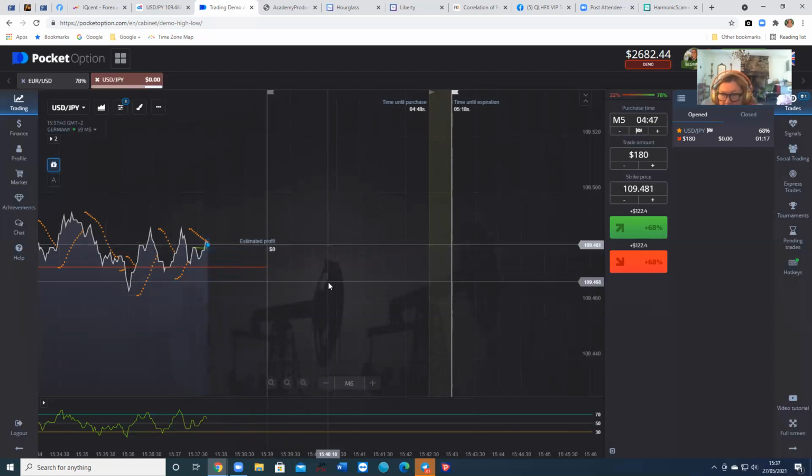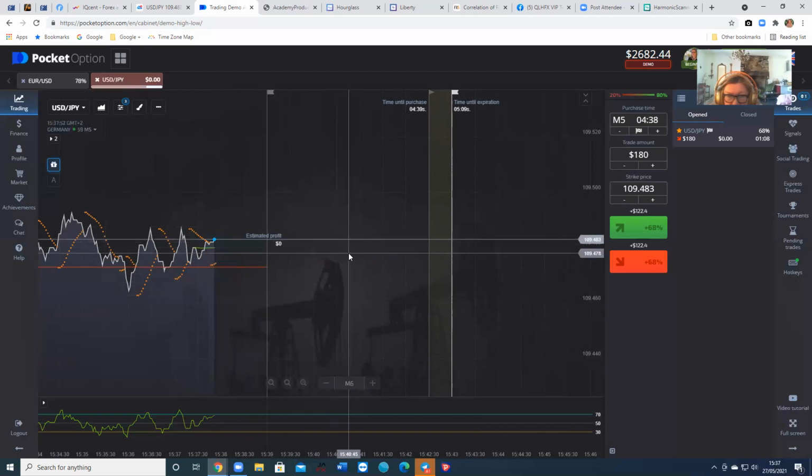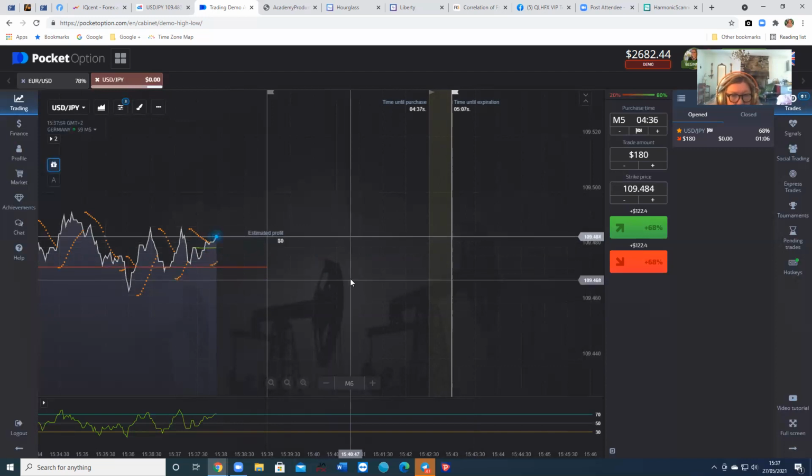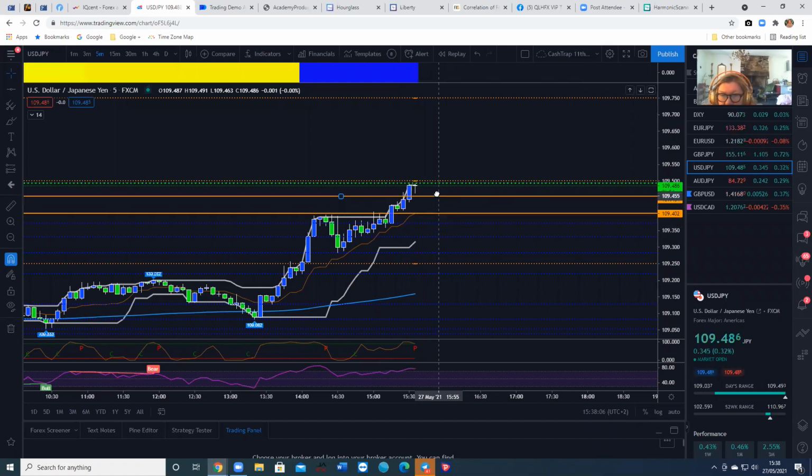So it's just 481. It's just struggling at this area. It's struggling at 483 to my line at 473. That's that line there. It's back up there. At 473.